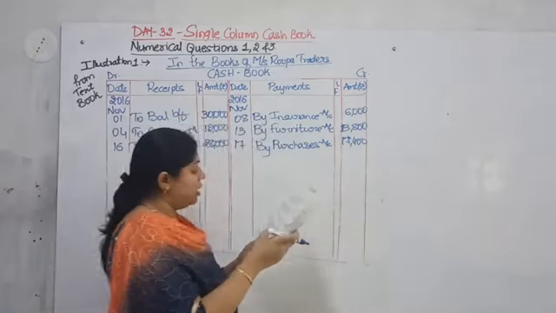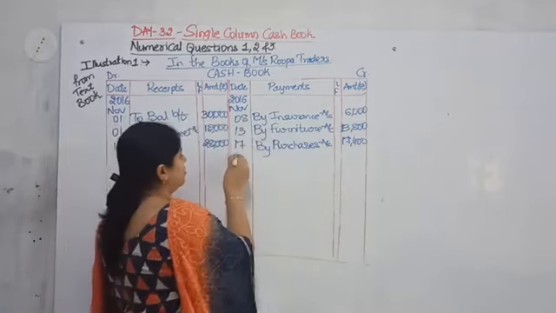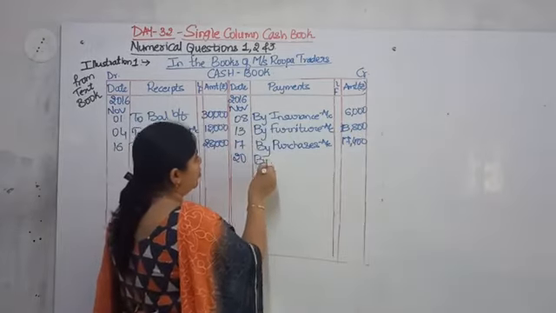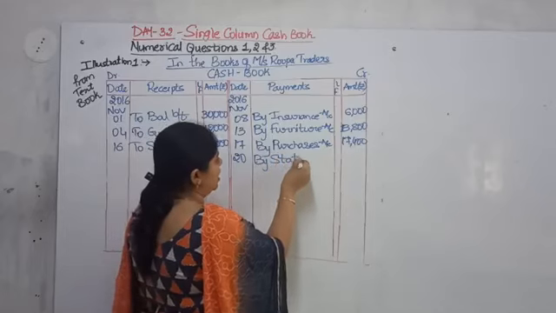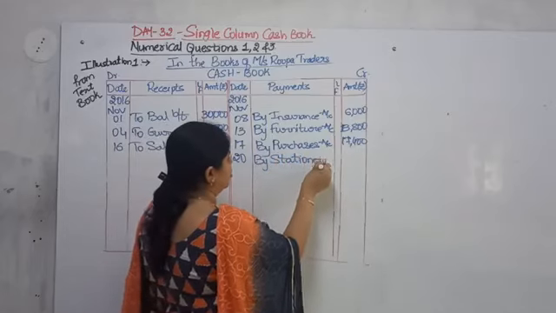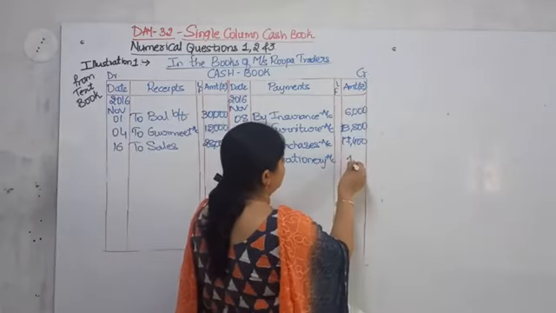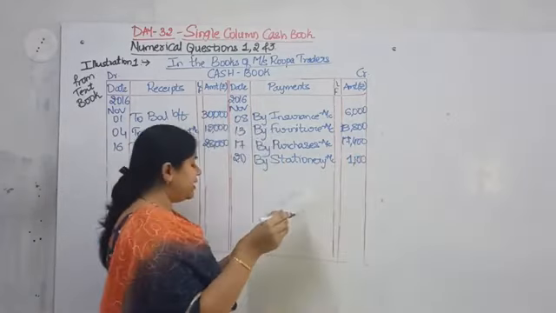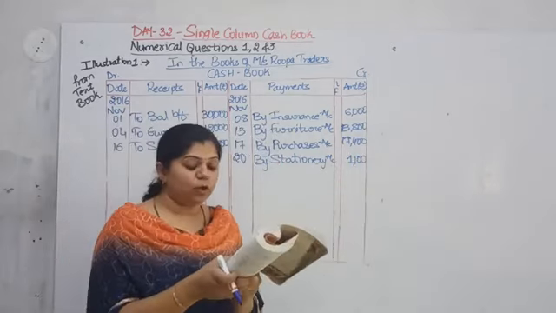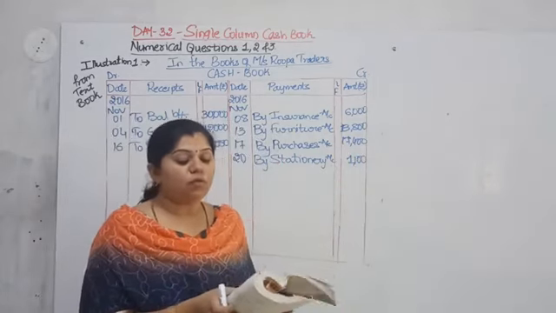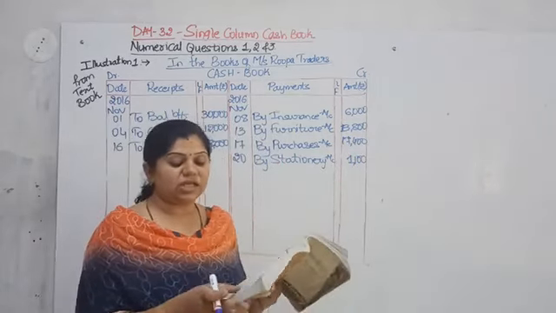17,400. Next, purchased stationery. So write down by stationery account. Okay, ಎಷ್ಟು ಪೀಸ್ ಸ್ಟೇಷನರಿ ಖರೀದಿ ಮಾಡ್ಯಾರ ನೋಡ್ರಿ? 1,100. Next, cash paid to Rukmini in full settlement of account. Now we don't know what were the earlier transactions with Rukmini.